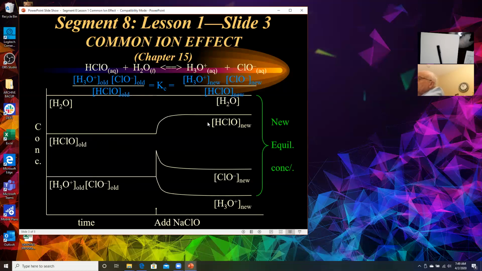Adding things to an equilibrium doesn't change it as long as the temperature or the substance you add isn't the catalyst for the reaction, say in the forward direction, or what we might call an inhibitor if it's catalyzing a reverse reaction.